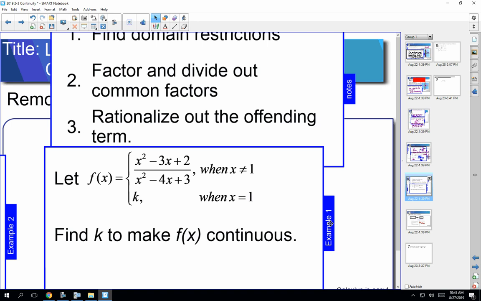So go ahead and factor the top and the bottom. What do you get when you factor the top?